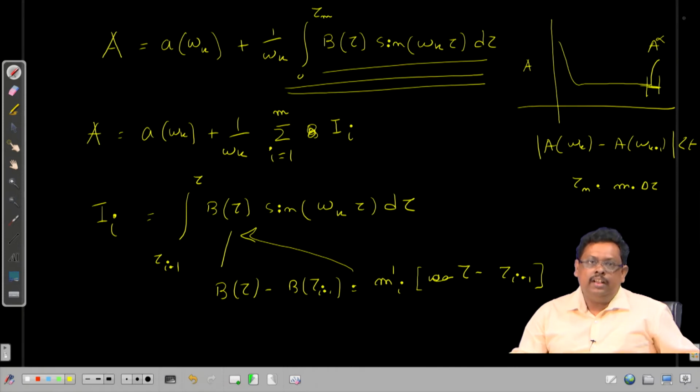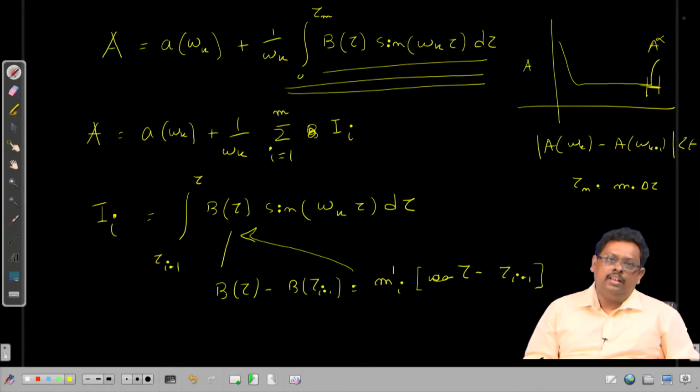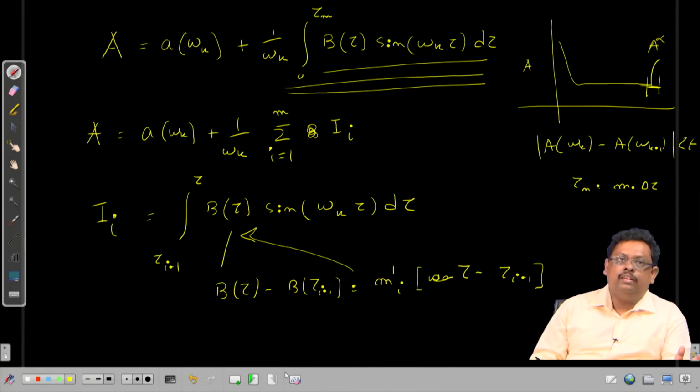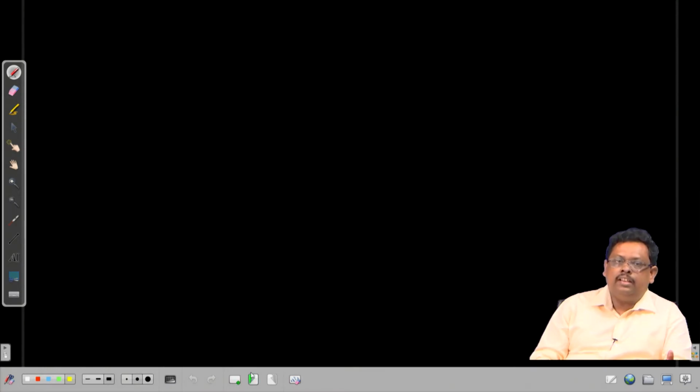So, this is where we actually are from the last class. Now I know the solution for A and the solution for beta. Let us go back to the equation of motion again.